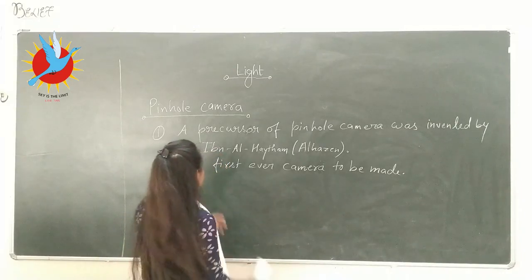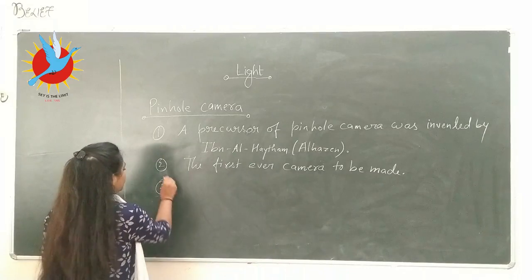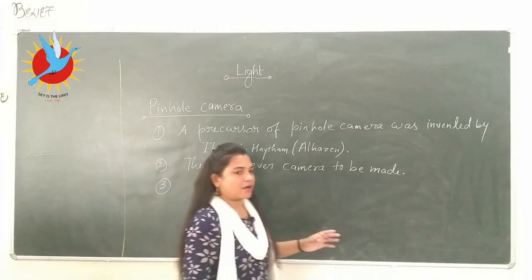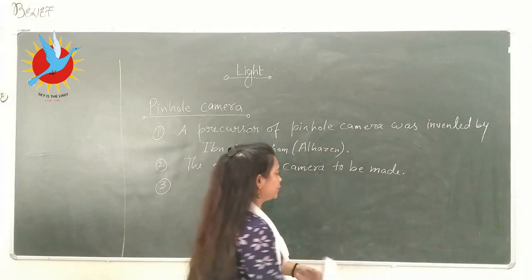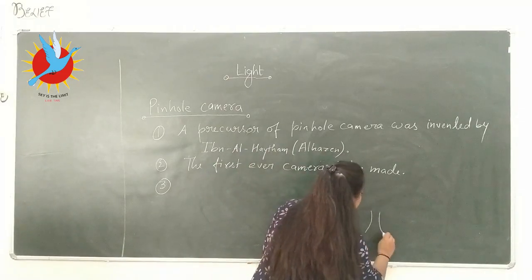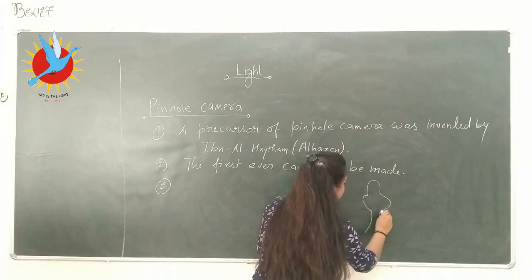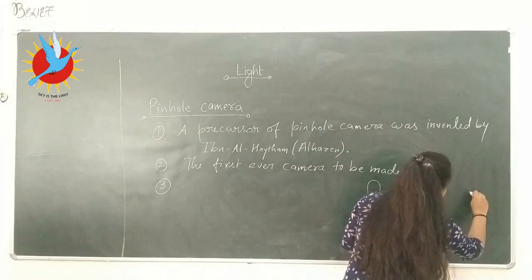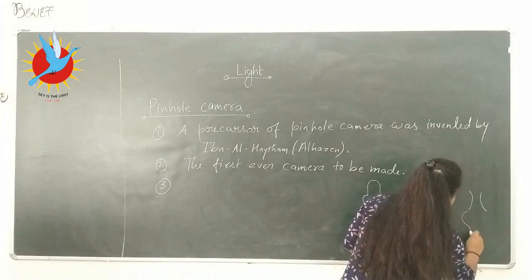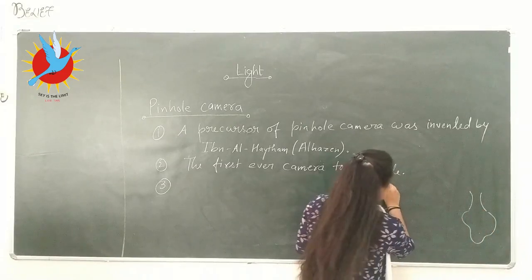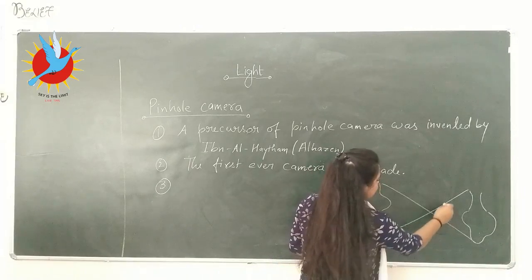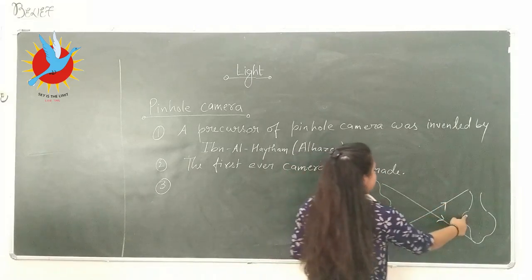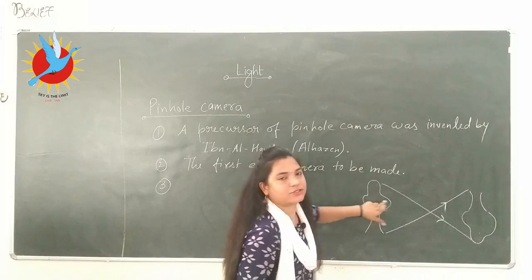Okay, now this camera makes an inverted image of the object. I am going to tell you what an inverted image is like. This image is an inverted image of this tree.